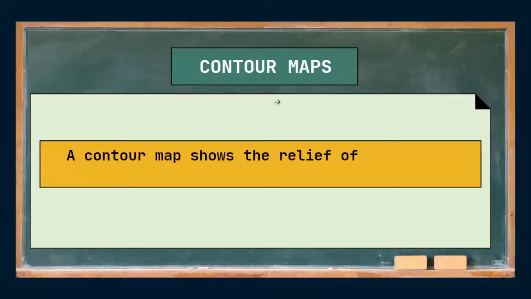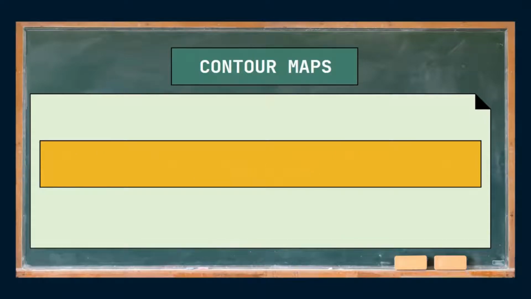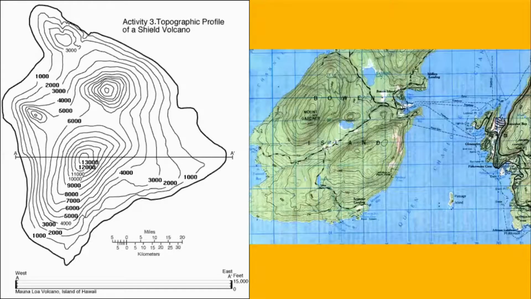Then we have contour maps. A contour map shows the relief of land using contour lines. If you've ever started learning map reading skills, you would have come across a contour map at some point. Contour lines basically show the different elevations on the land.